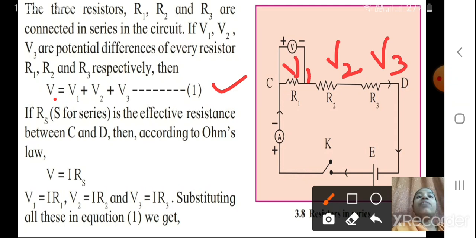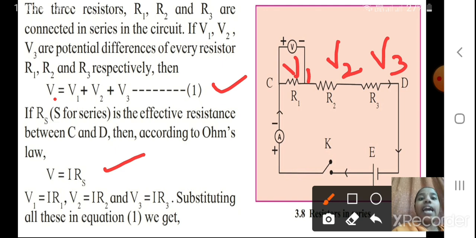If RS, where S is for series, is the effective resistance in the circuit between C and D, then according to Ohm's law, you know what it is, V = IR. Instead of writing only R, I will write RS because we are calculating for this series circuit.